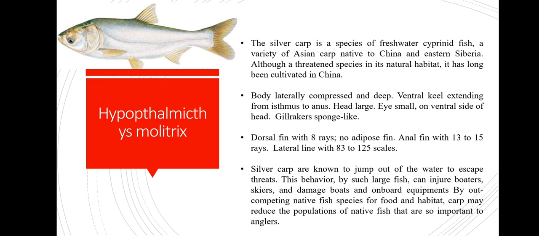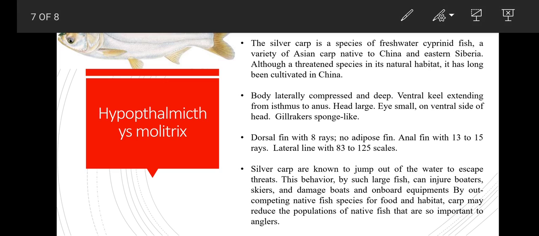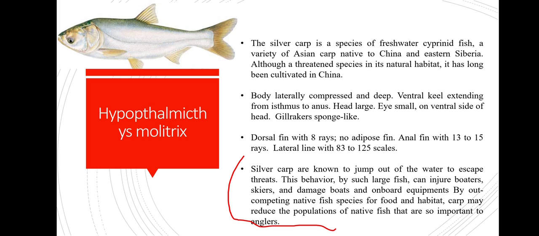Here we discuss silver carp. This is competing with native fish species for food. So this is also a fourth topic of worry.